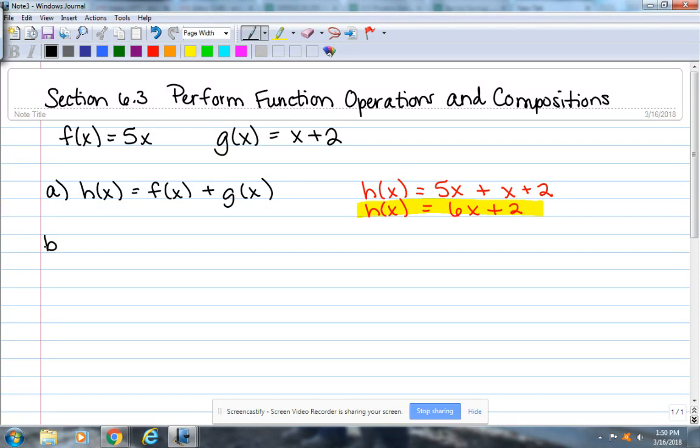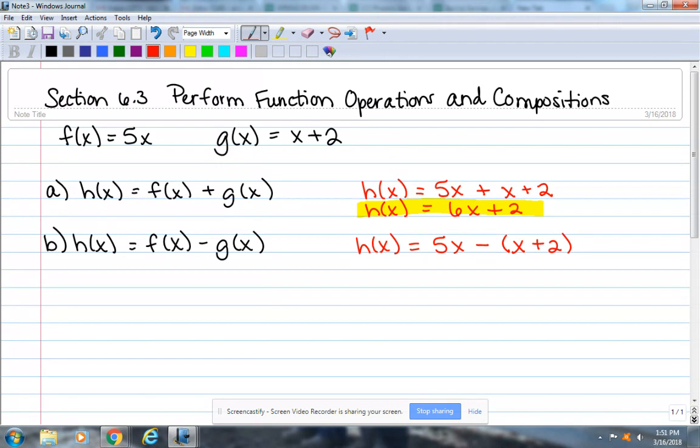So let's do, this time it tells me h of x equals f of x minus g of x. Now, g of x has more than one term in it, doesn't it? So when I do my minus sign, I need to use parentheses. So I'm going to have 5x minus parentheses x plus 2. If you have more than one term for your function, you need to use parentheses.